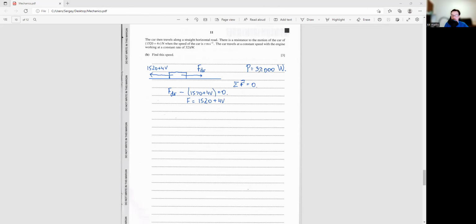Now, what would be the connection between the power of the engine and the driving force? Of course, as everybody knows, the power equals to the driving force times the velocity.